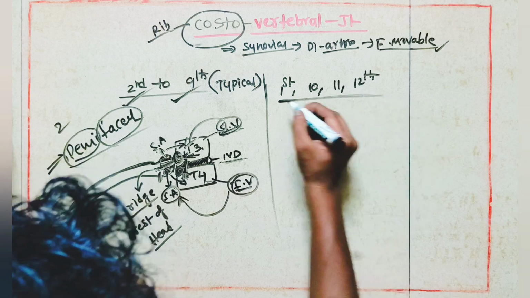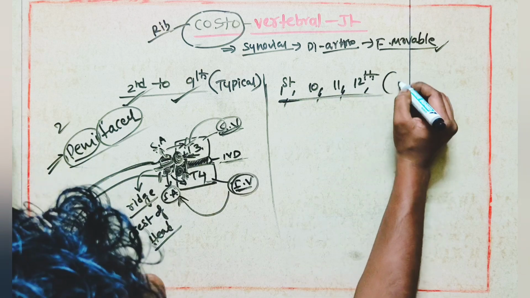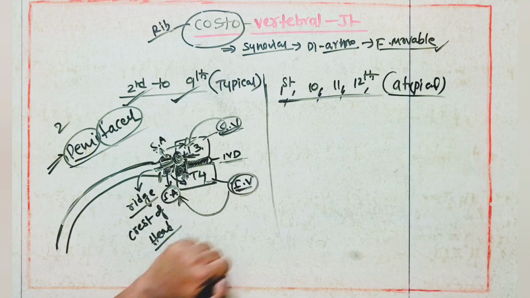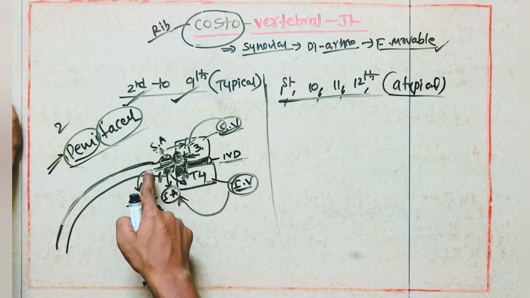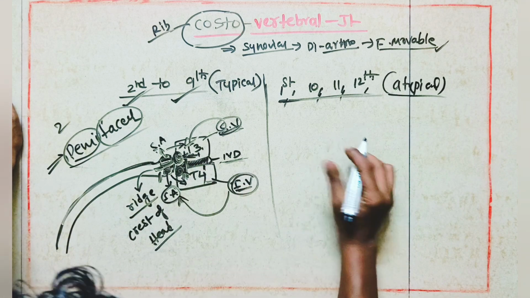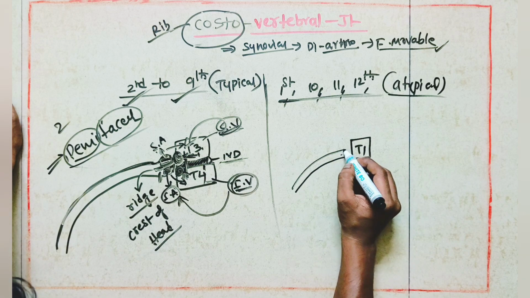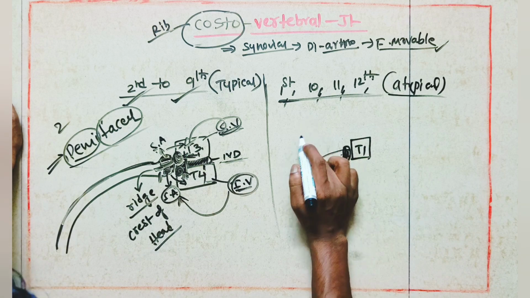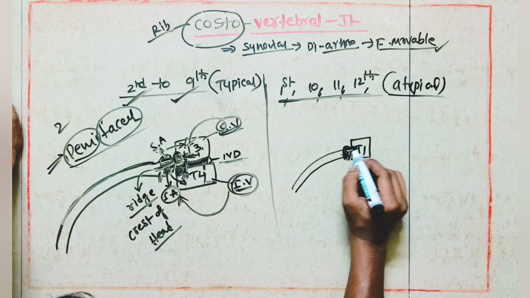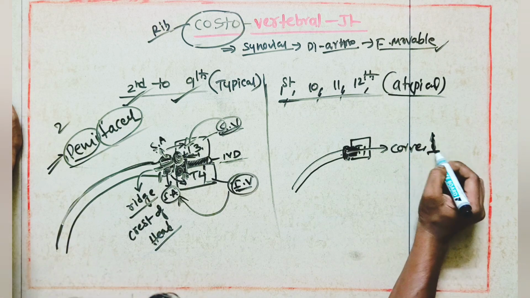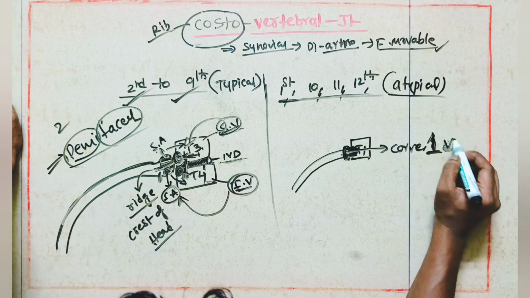Now the first, 10th, 11th and 12th ribs are atypical. These joints are atypical joints. What does it mean? A typical rib articulates with two vertebrae. But here, the head of the rib articulates with only one corresponding vertebra.